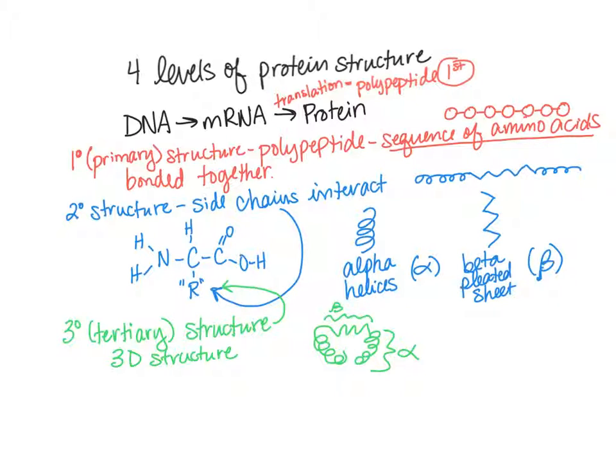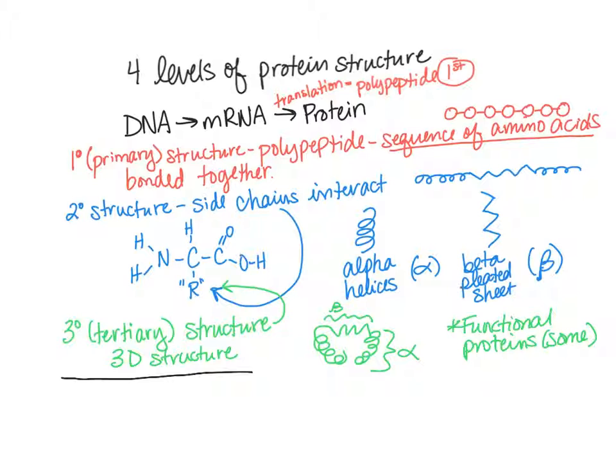And in some proteins, this is it. So some proteins have their highest level of structure at the tertiary level. So in some proteins, this is considered the terminal or the functional level of the protein structure. So functional proteins in some cases.